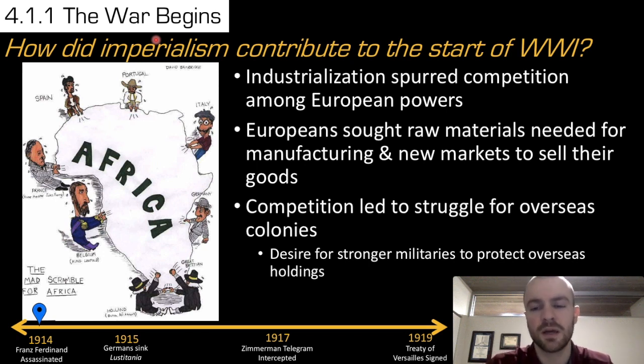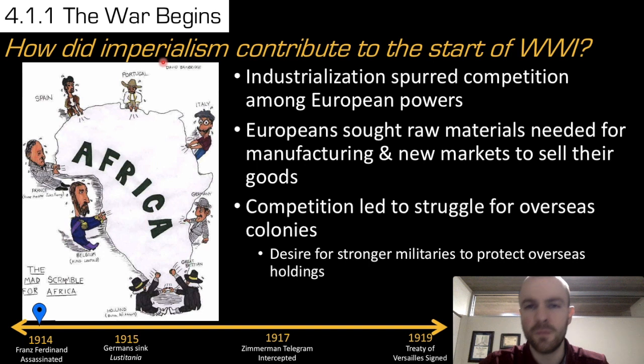So a country like Great Britain, the United States, Belgium, France, these are countries that go to the continent of Africa, end up going to Asia, going to the Caribbean, and they plant their flag in another country and they say, you are now our colony. You are part of our empire, and that's kind of the root word of imperialism.